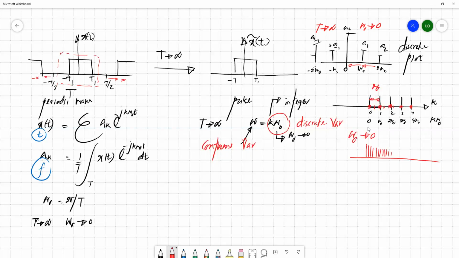Likewise, all these samples are simply overlapping. So then this discrete plot converts to a kind of continuous plot.